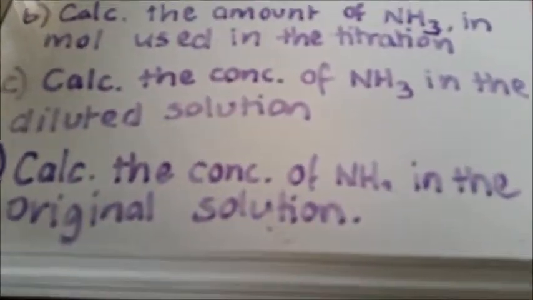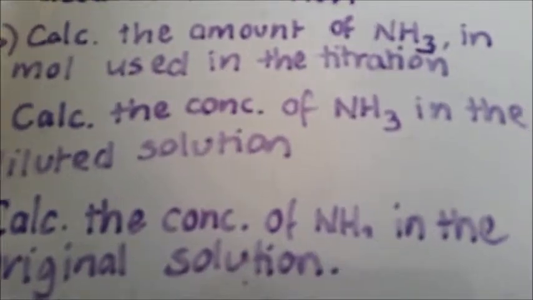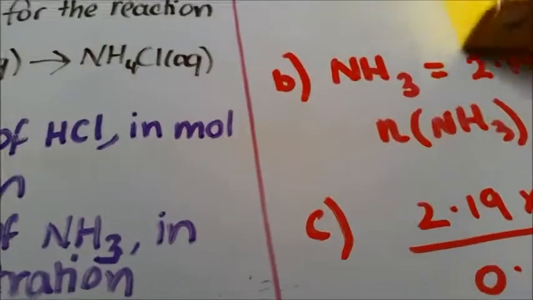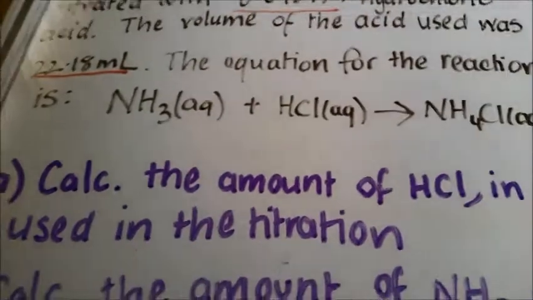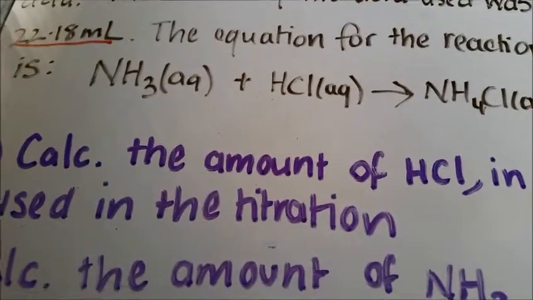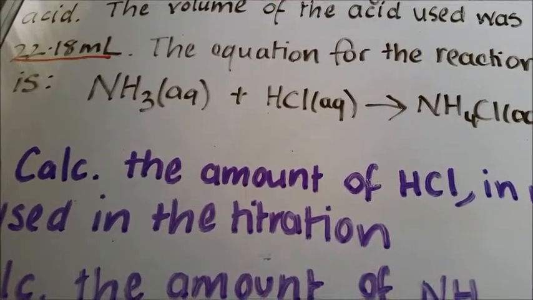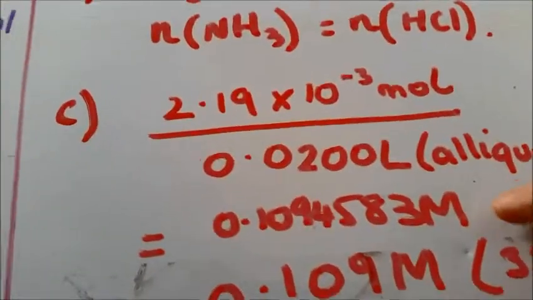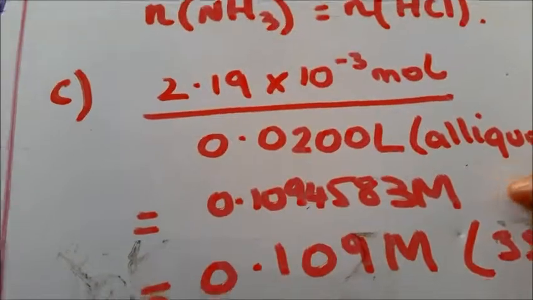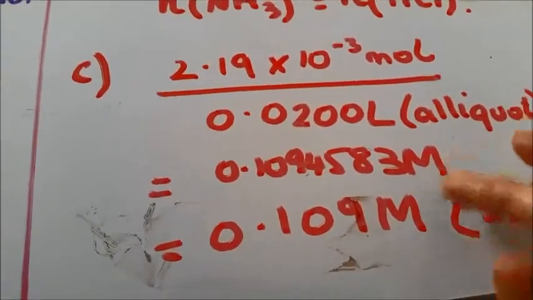Now D is asking us to calculate the concentration of NH3 in the original solution. Just rub out that top bit. Okay. Now in the original solution, we're told that we have 250 ml of the dilute solution. So what we're going to do is take our full answer here, because we really don't want to round off unless it's the final answer that we're writing.